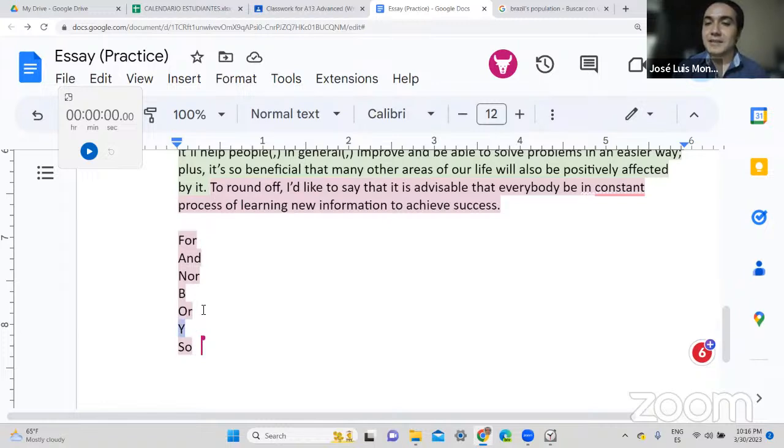You were using it at the end, but it has to be at the beginning with a comma. And you use "yet" a lot. Oh yeah, I remember, yet. Yes, good. So yet, remember, it can mean different things. Right here it is contrast, and this is the same as "yet." It has the same meaning in this context.